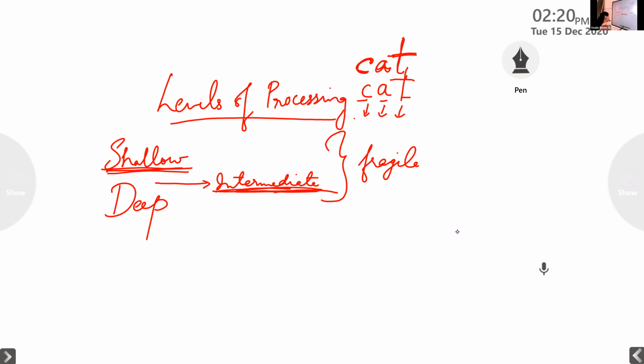The memory formed for the shallow and intermediate levels can decay very easily or get lost very easily. I'm talking about the memory.